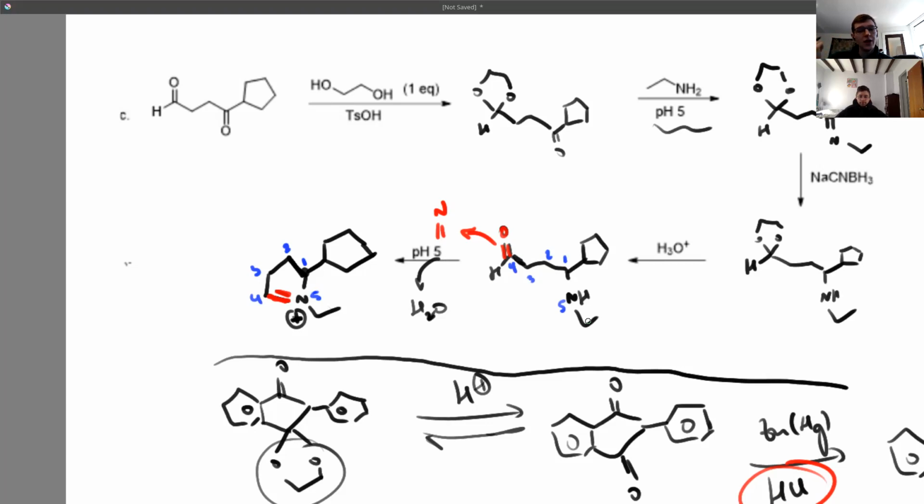But in this case, we have to have it with the positive charge at the end because, well, we can't get rid of that carbon chain.